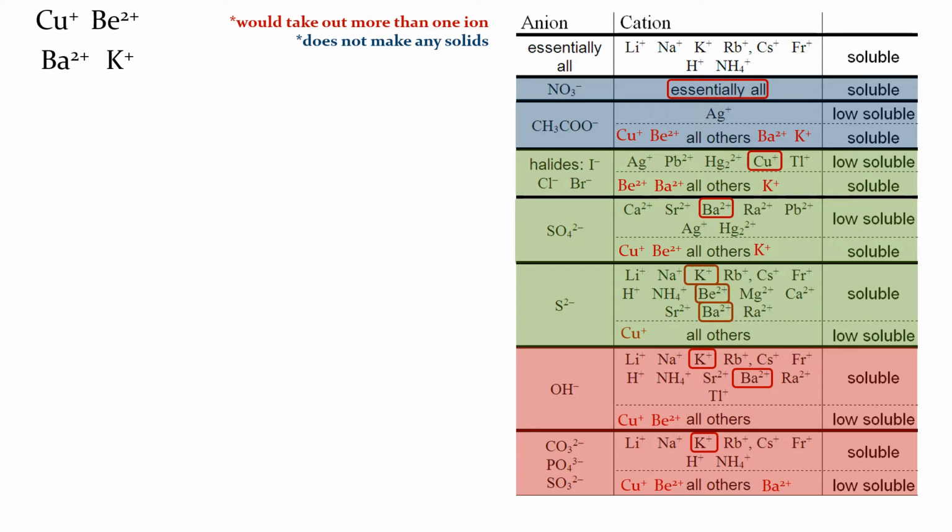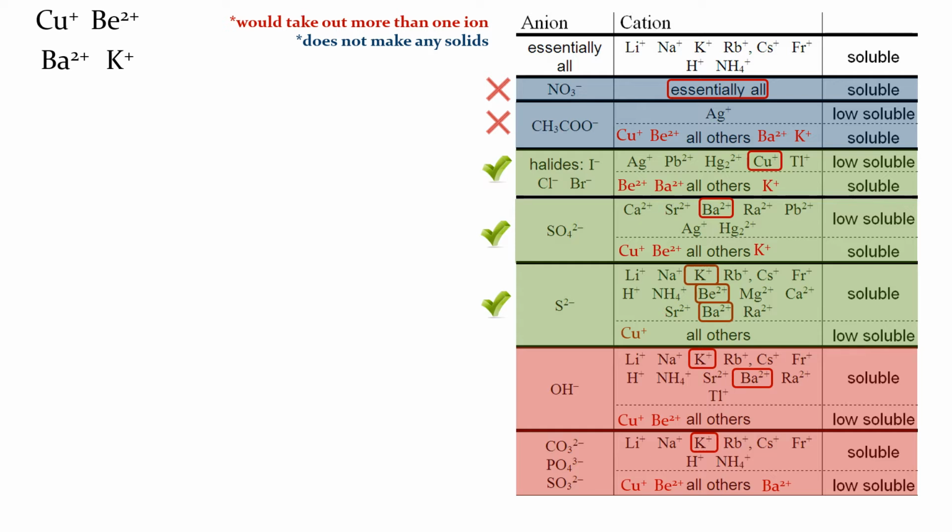So if I was starting off this question, well, I couldn't use nitrate or acetate because they don't form any solids with the ions that I presently have. When it comes to the halides or sulfide, well, I could start off with a halide or a sulfide to take out copper 1 ion. Or I could start with sulfate and take out barium ion.